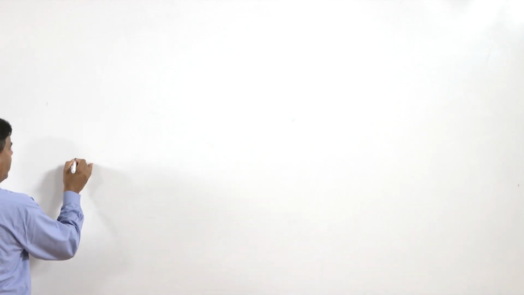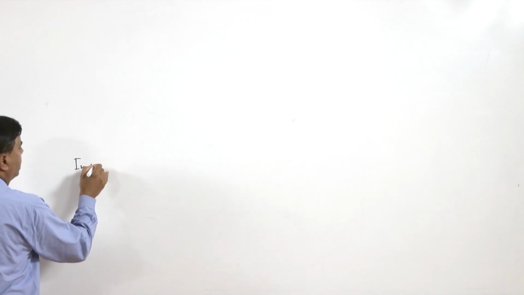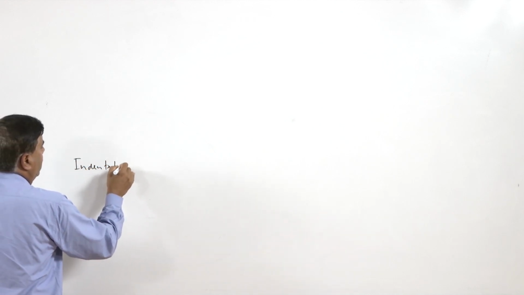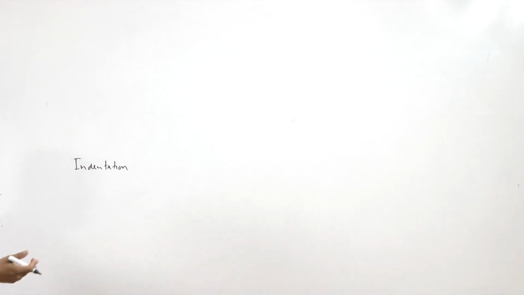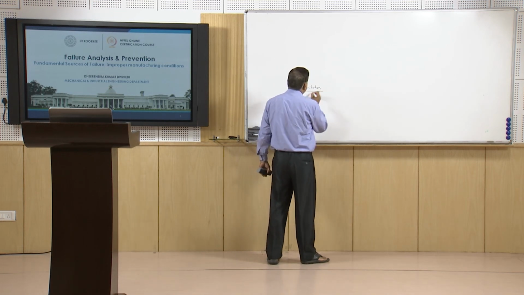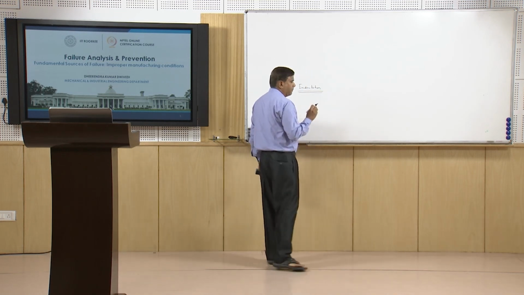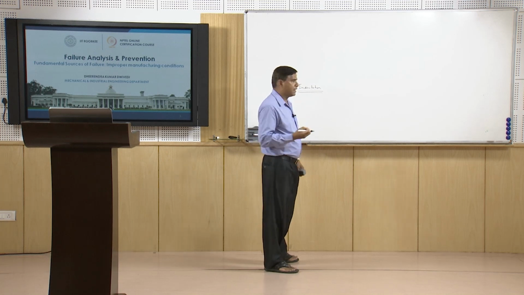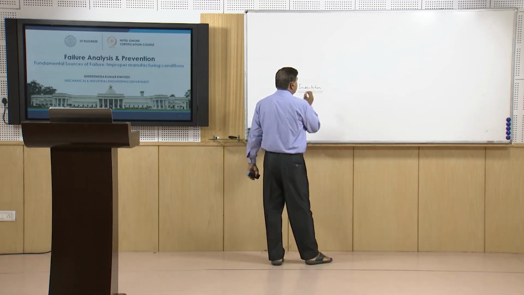One is indentation marks. During manufacturing, batch marks and product numbers are frequently marked. If that is produced by the indentation approach or by engraving using electrochemical processes, then these indentations frequently become the source of failure.